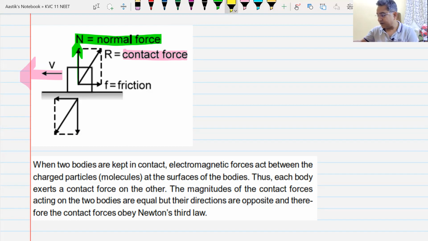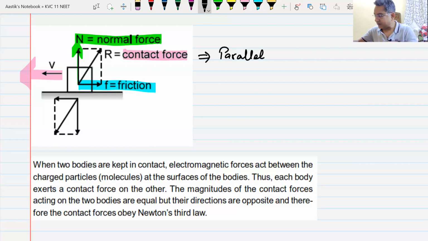The other component is parallel to the two surfaces. This component is known as friction. So what is friction? Friction is the parallel component of the contact force.